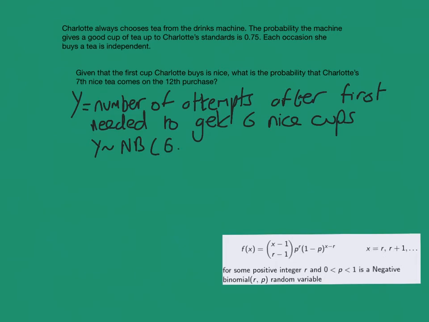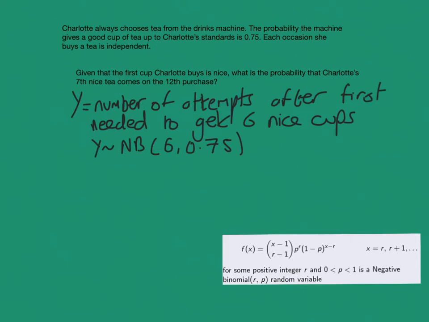This time we need 6 successes because we know we've already had 1 success towards that 7. This is still 0.75 though. So we're interested in the probability that I've got 11 goes. On the 11th go, I get my 6th success, and therefore 7 overall, because the first one's decided. It's a bit of a thinker, this one.